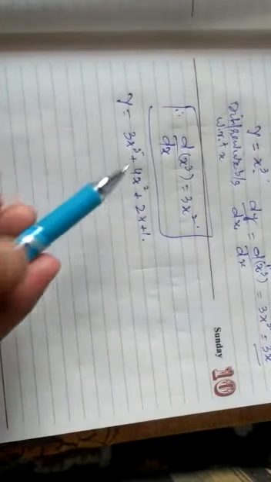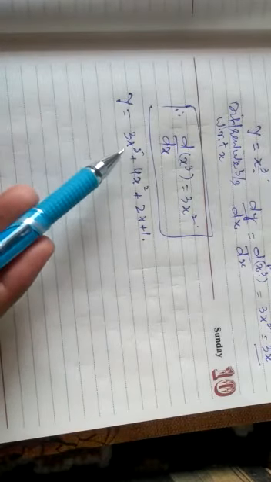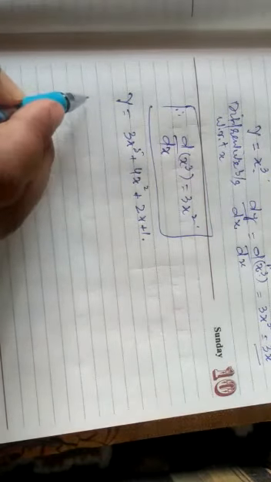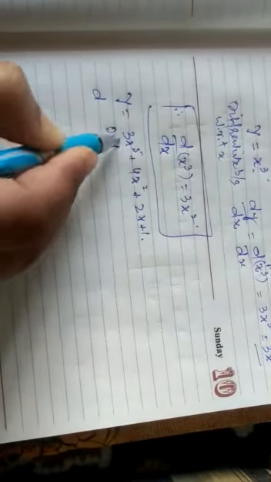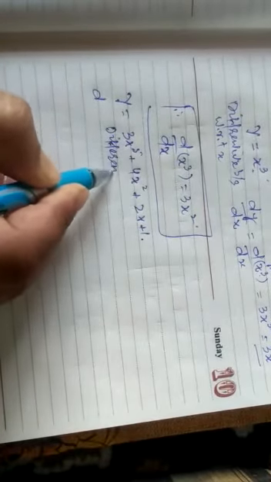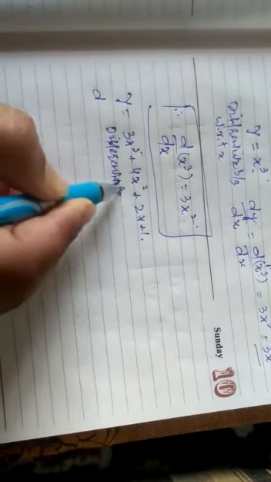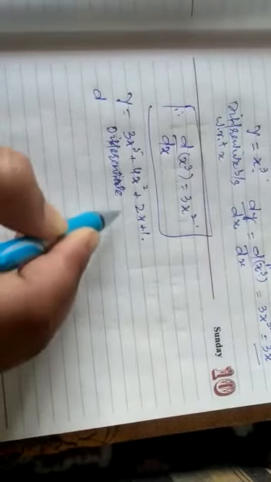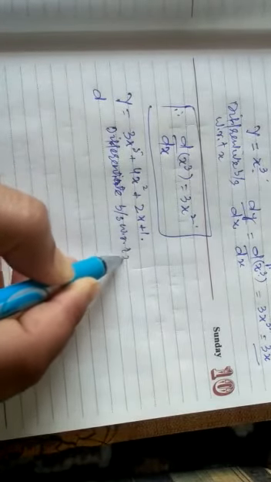Using the absorption method it would be a long process and very difficult. So here we write: differentiate both sides with respect to x.